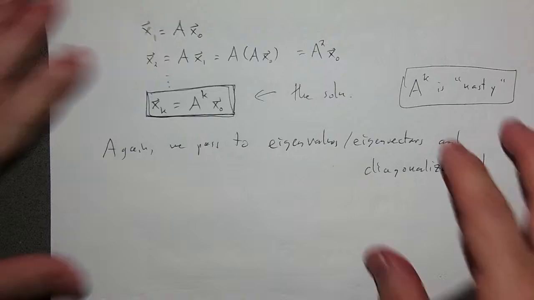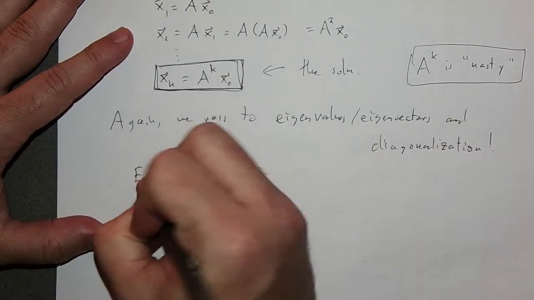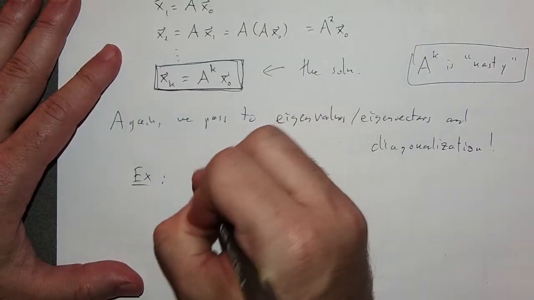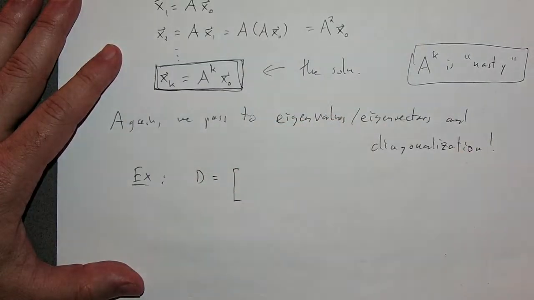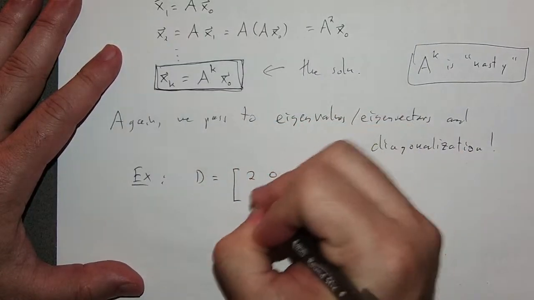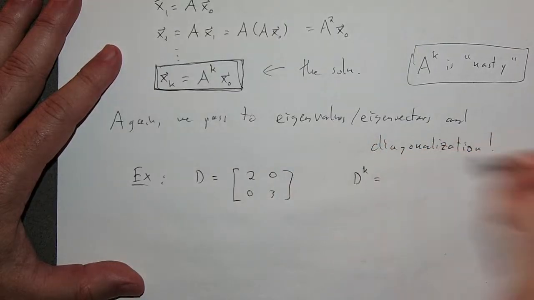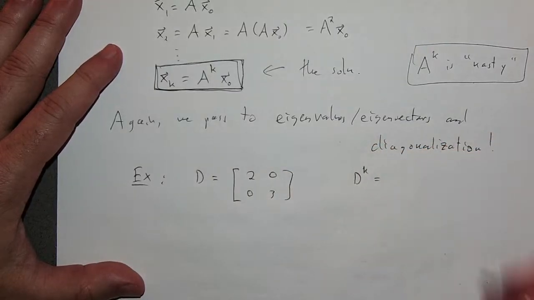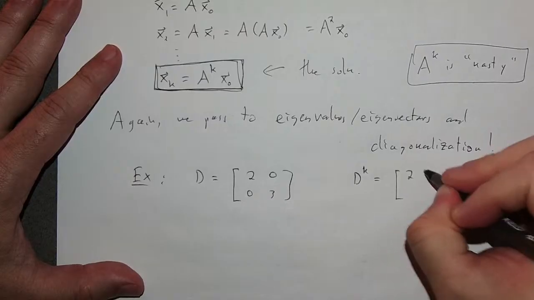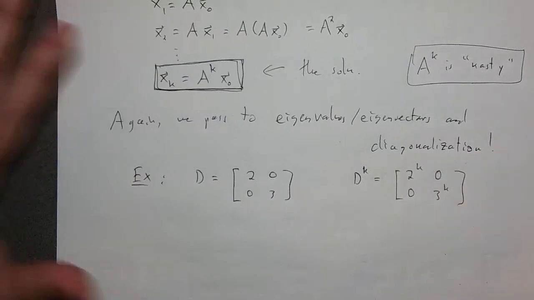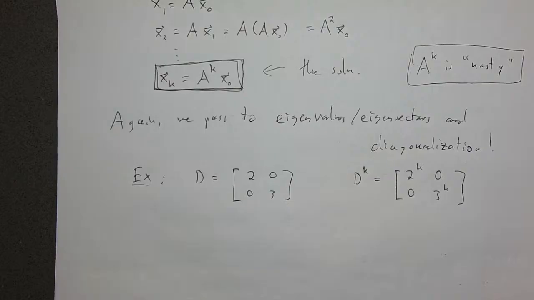So, quick example. Powers of a diagonal matrix are easy, just like a matrix exponential of a diagonal matrix was easy. If your matrix is diagonal, you can work it out yourself: the power D to the k is simply 2 to the k, 0, 0, 3 to the k. You just exponentiate those diagonal entries.